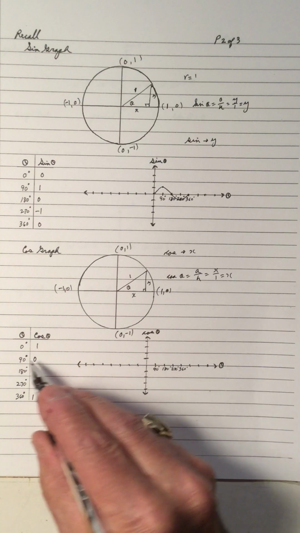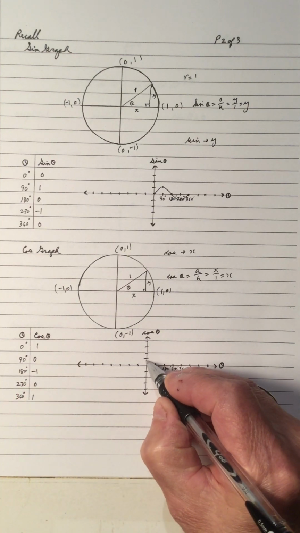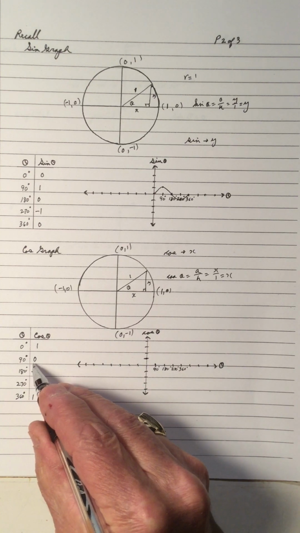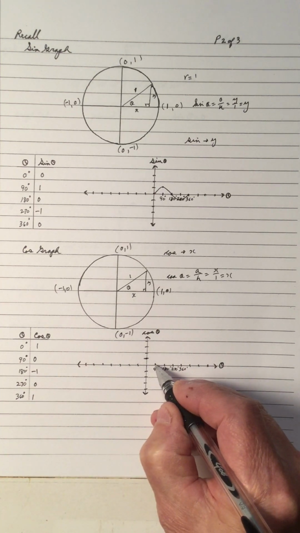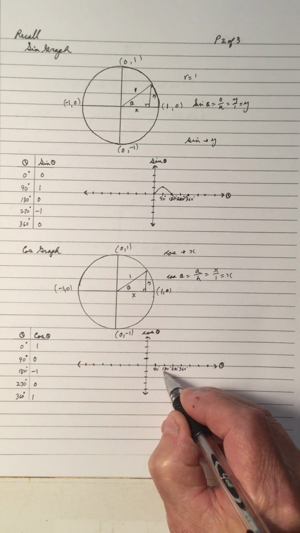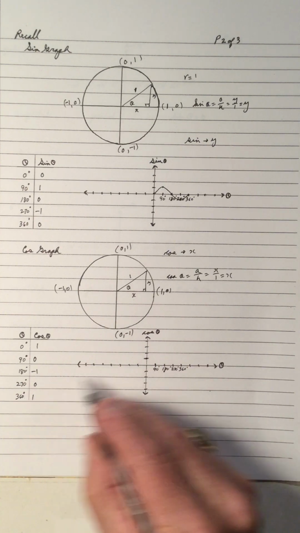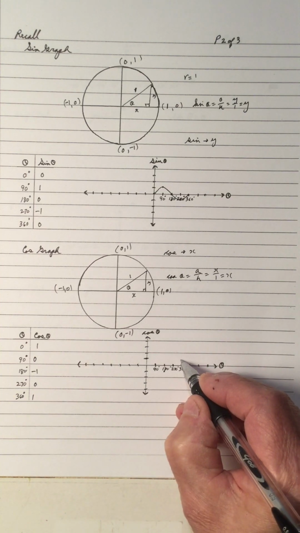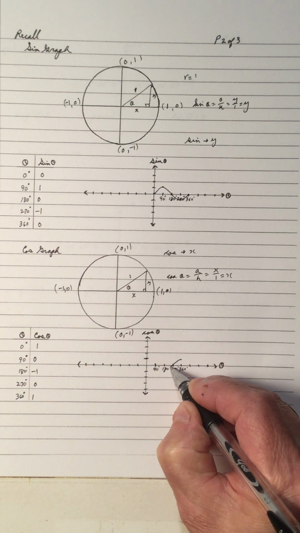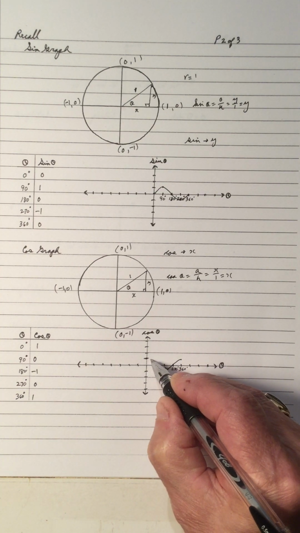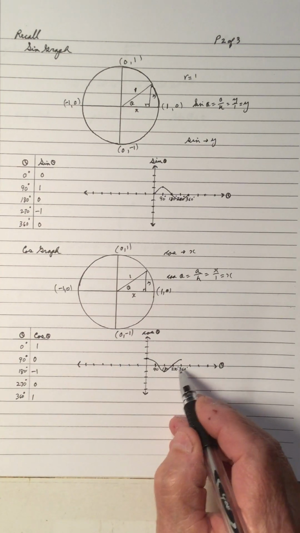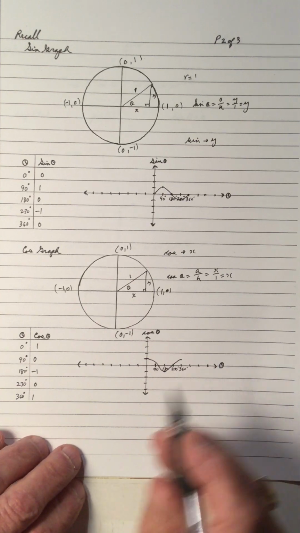So 0 gives a 1, 90 gives me a 0, 180 gives me a negative 1, 270 gives me a 0, 360 gives me a 1. And so this is the graph. I think of a sideways C. So that's the cos graph.